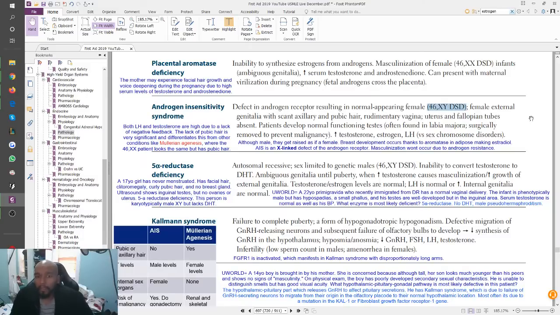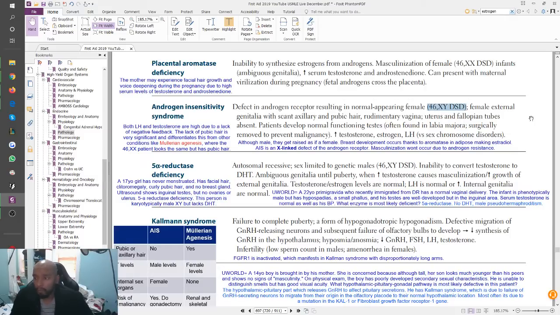Okay. Female external genitalia with scant axillary and pubic hair, rudimentary vagina, and the uterus and fallopian tubes are absent because it's a male, right? The patient developed normal functioning testes, which are often found in the labia majora and are surgically removed to prevent malignancy. This patient will have high testosterone, estrogen, and LH, right?